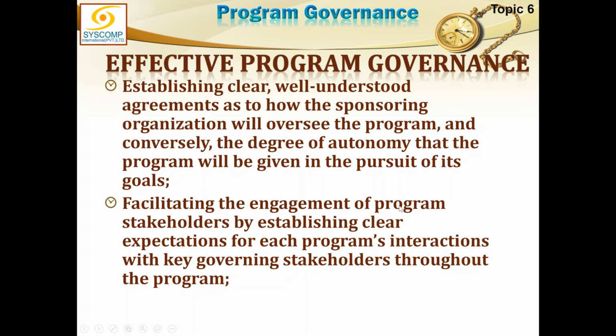Then, facilitating the engagement of program stakeholders by establishing clear expectations for each program's interactions with key governing stakeholders throughout the program. The stakeholders we are talking about, which we discussed in the previous chapter, as you remember, you have to identify them, get their needs and expectations, and then after a proper analysis of these stakeholders, develop a stakeholder engagement plan, and so on and so forth.